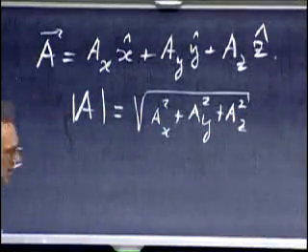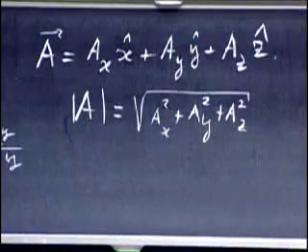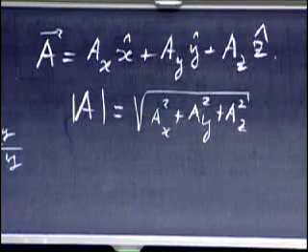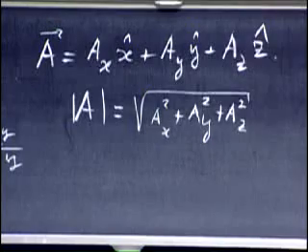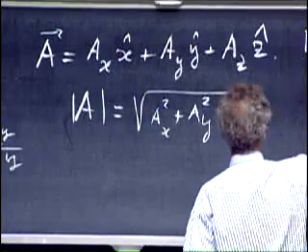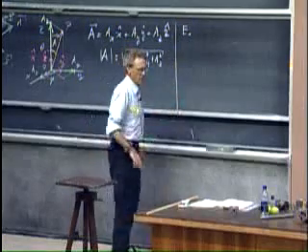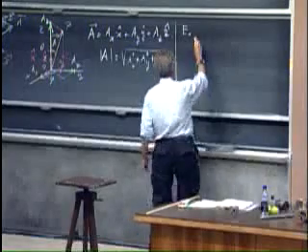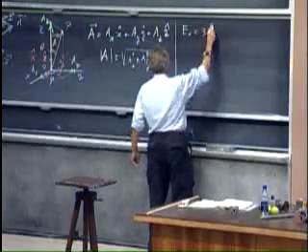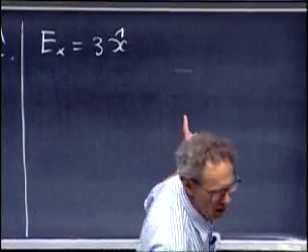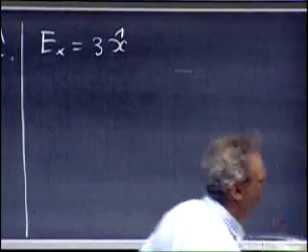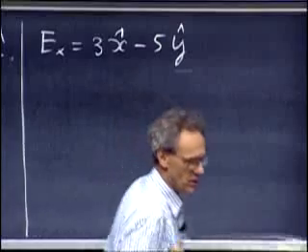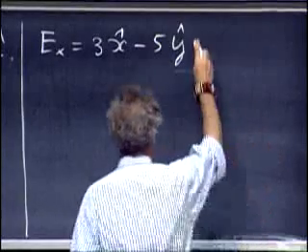And so we can take a simple example. This is just an example to see this in action. For instance, I take a vector A, and we call A 3x roof, so A of x is 3, minus 5y roof plus 6z roof.